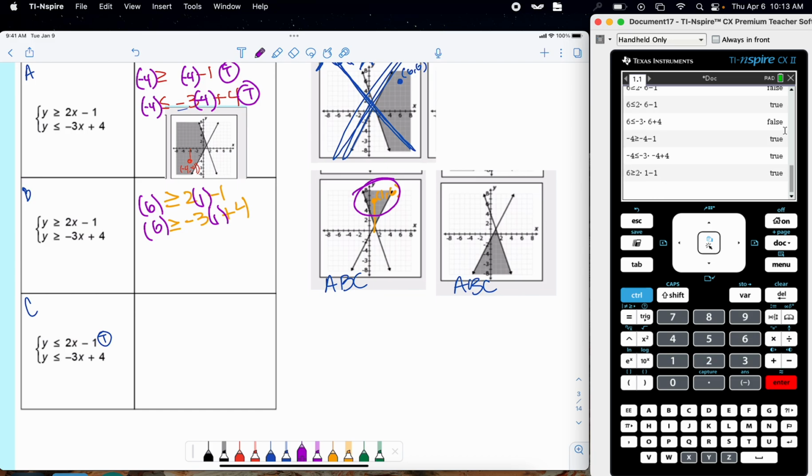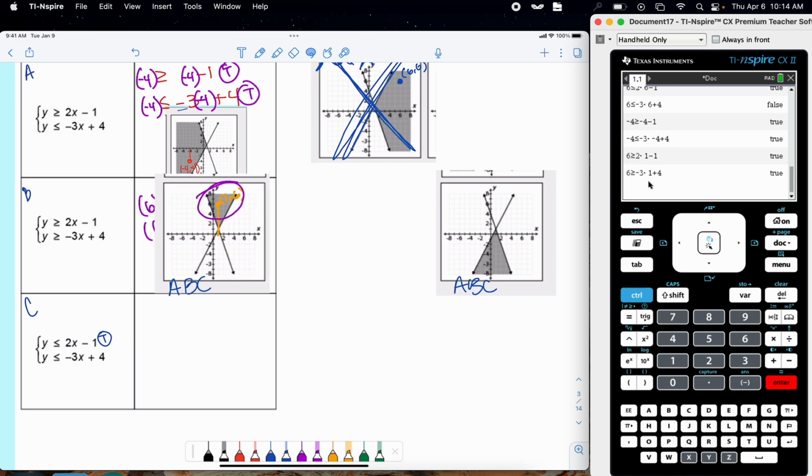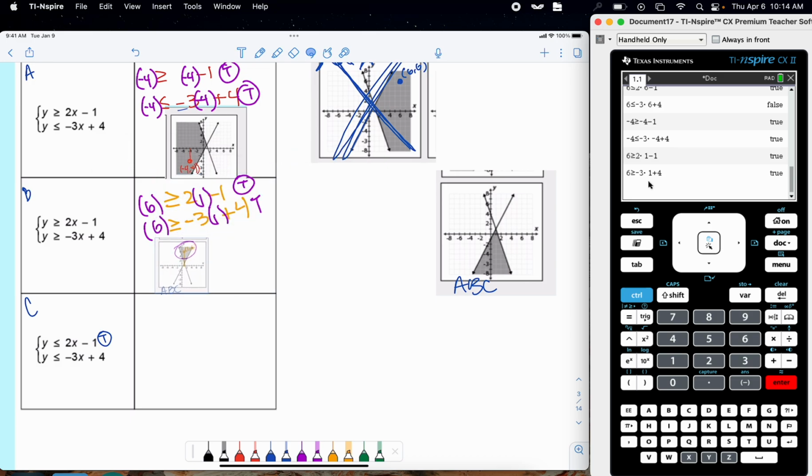That gives me true. Then 6, control equals -3 times 1 plus 4, enter. That's true. So I'm going to move this graph into this space, because that's our answer.